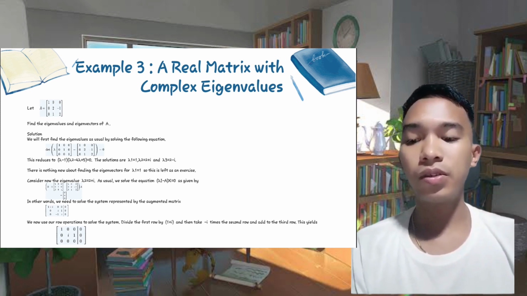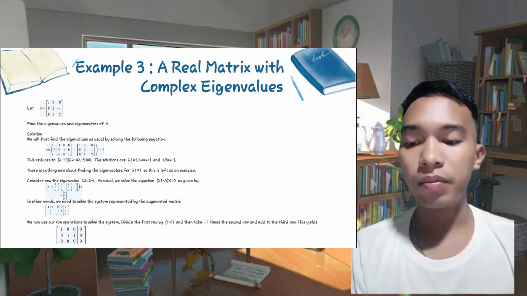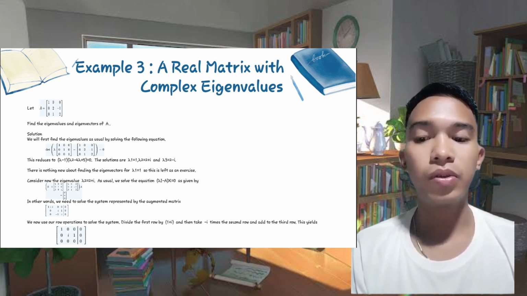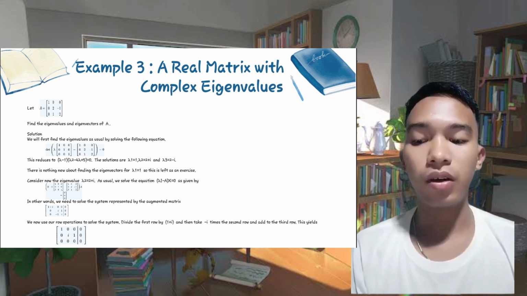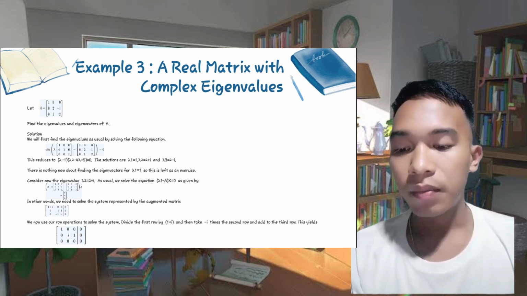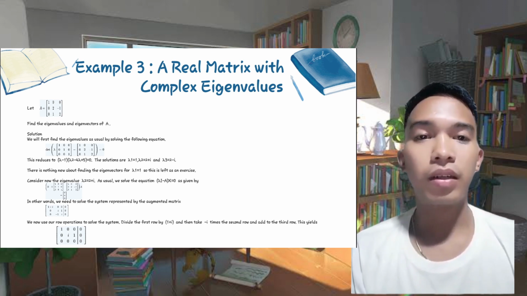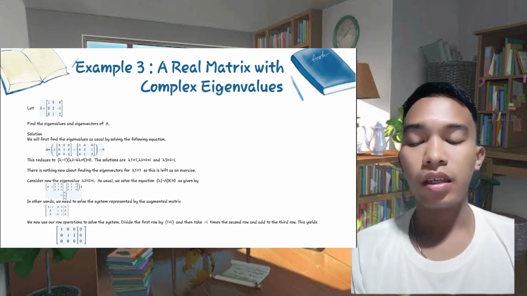This reduces to (lambda minus 1) times (lambda squared minus 4 lambda plus 5) equals 0.